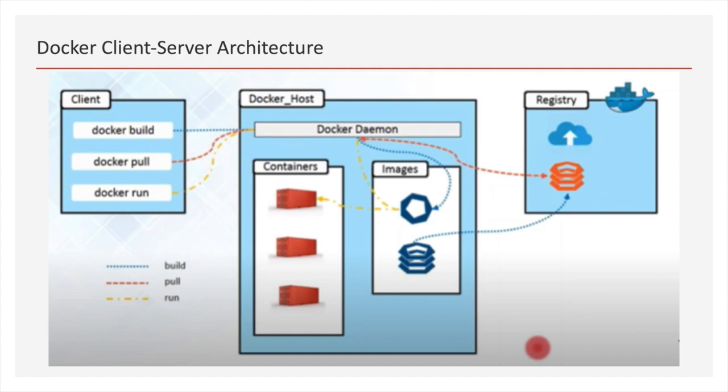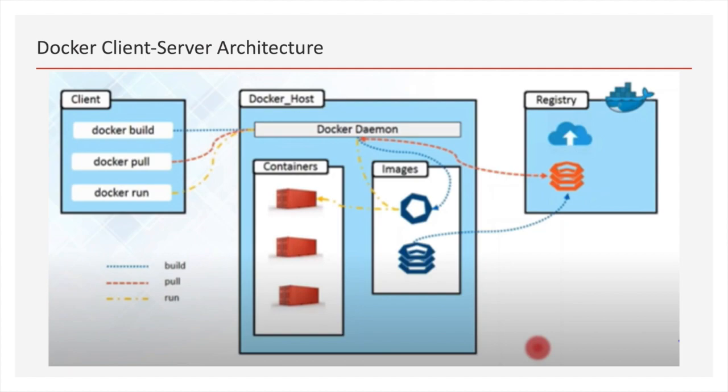To create a Docker image, I will issue a Docker build command to the Docker daemon in the CLI. This Docker daemon is responsible for creating images based on the steps I have mentioned in the Dockerfile and saving it to either a local or public registry like Docker Hub.